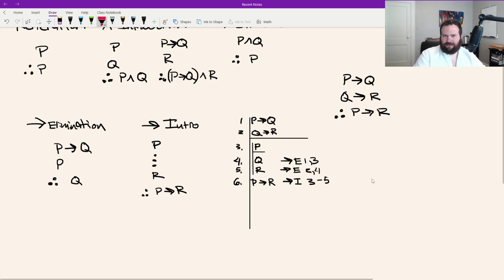Now let's walk through why things are as they are on line 6. First thing to note, I am no longer under the vertical bar here that I was when I assumed P. What this means is that I have terminated the assumption. I've closed it. I'm no longer under this assumption of P. If P then R is not dependent on any assumption other than the premises.